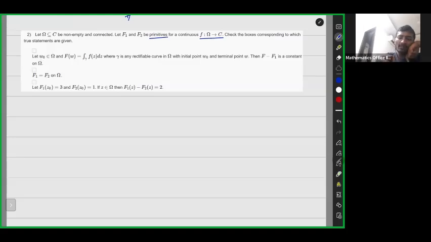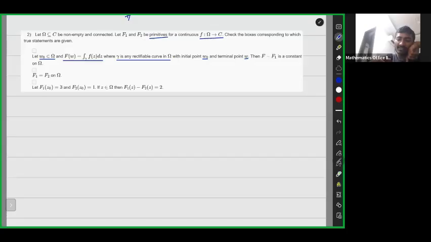We are fixing a point w naught inside omega and defining capital F in this way, over gamma, where gamma is a rectifiable curve in omega, with initial point w naught and terminal point w. So in that case, F minus F1 is constant on omega.